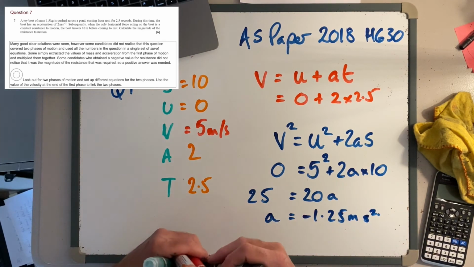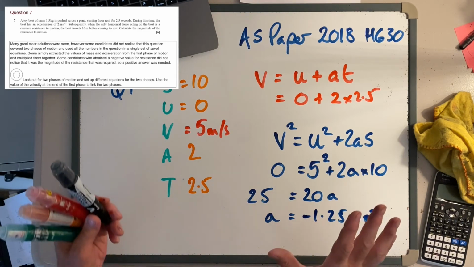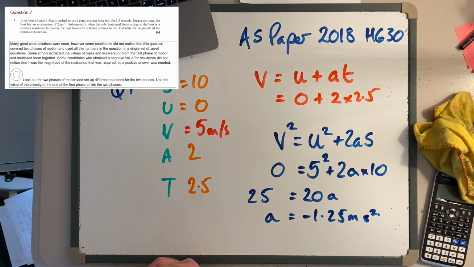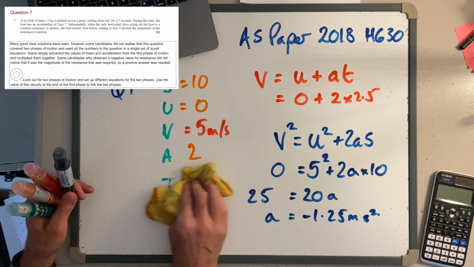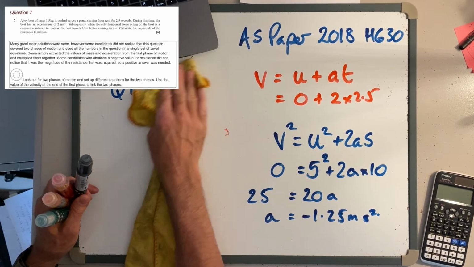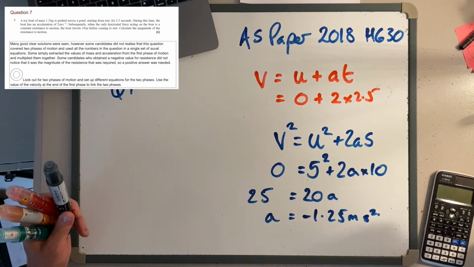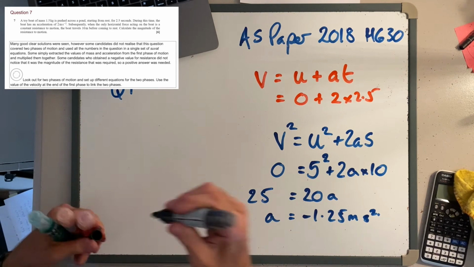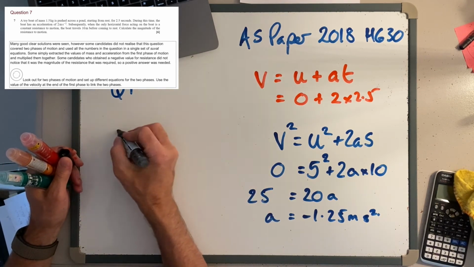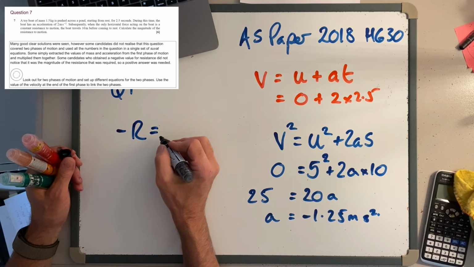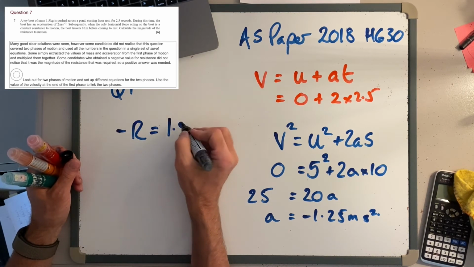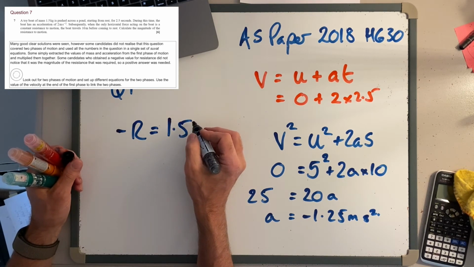And now I need to work out using Newton's second law, so the resultant force equals mass times acceleration. So I've got to know what the resultant force is. So it's a negative resultant force equals the mass 1.5 times the acceleration.